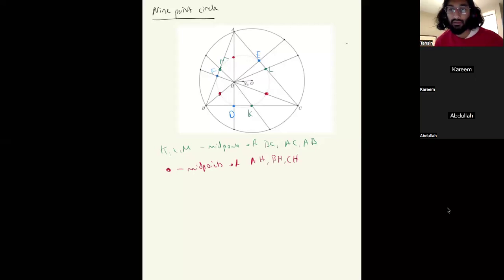Okay, and so the 9-point circle theorem is that these 9 points are on a circle. Does the statement of the 9-point circle theorem make sense? This is the statement.